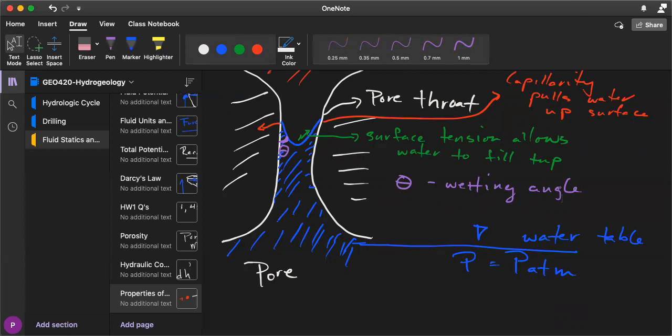Actually, the smaller this angle is, the more attracted water is. It's really trying to climb up this thing hard. So this is an angle.